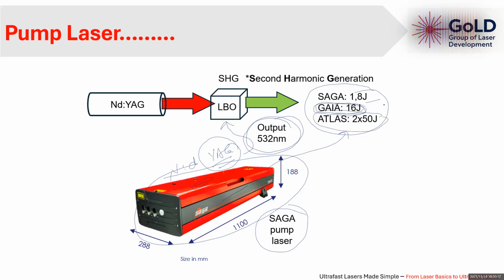These are just some examples. But anyway, the purpose of this slide is to show that this LBO crystal is used to convert the Nd:YAG's actual wavelength, the first harmonic, to the second harmonic, which is the green one.